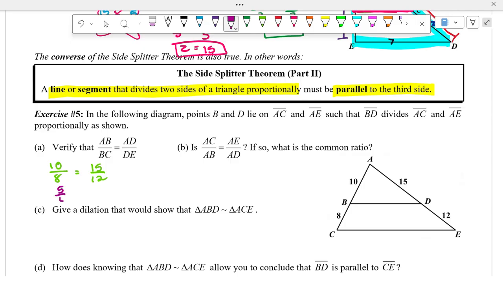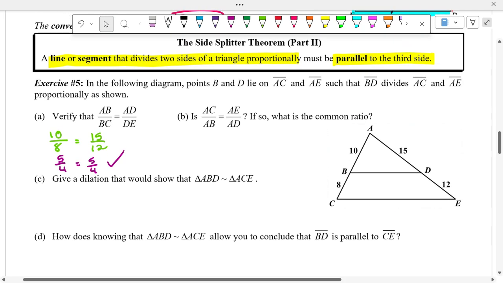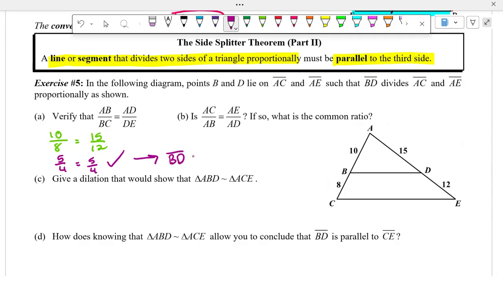And 15 over 12? 5 over 4. So they're the same. Because of that, we can conclude that side BD is parallel to side CE, because the side splitter theorem worked.